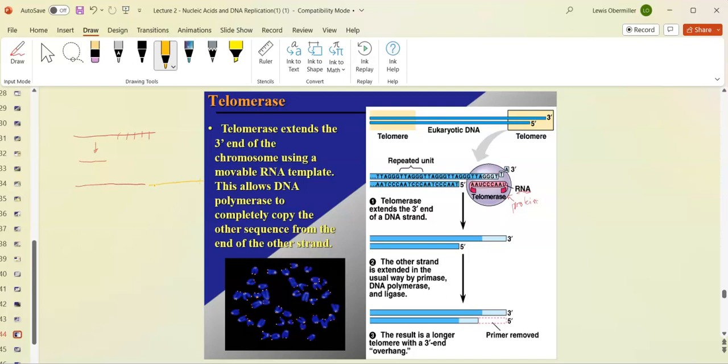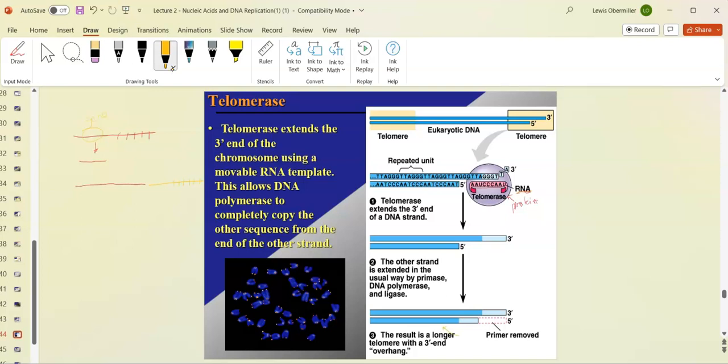And so you can't stop the replication process, but every replication cycle, you aren't in danger of getting into a gene that's required for housekeeping. So telomerase just adds on artificial repetitive sequences based on its RNA that just extends the end of the chromosome. So when the primer gets removed, it's not actually cutting into the original chromosome.